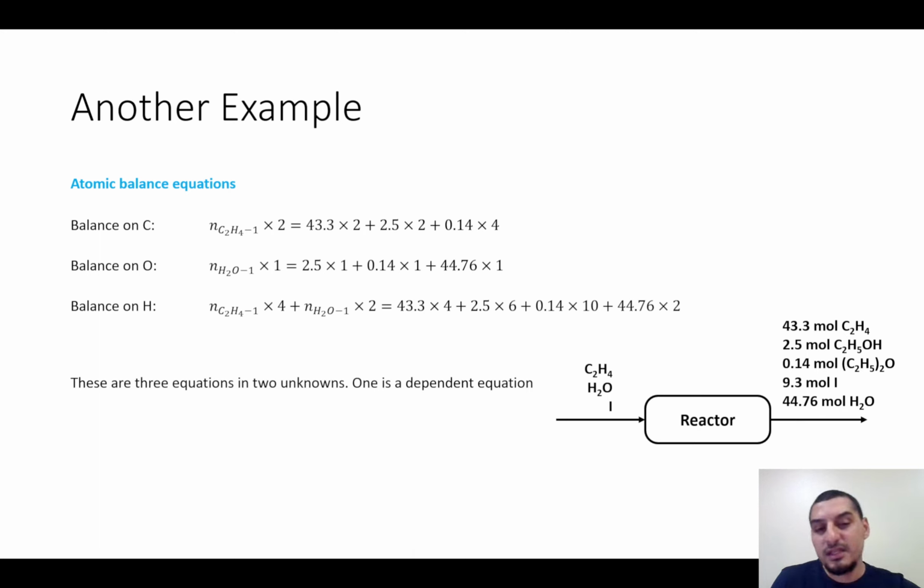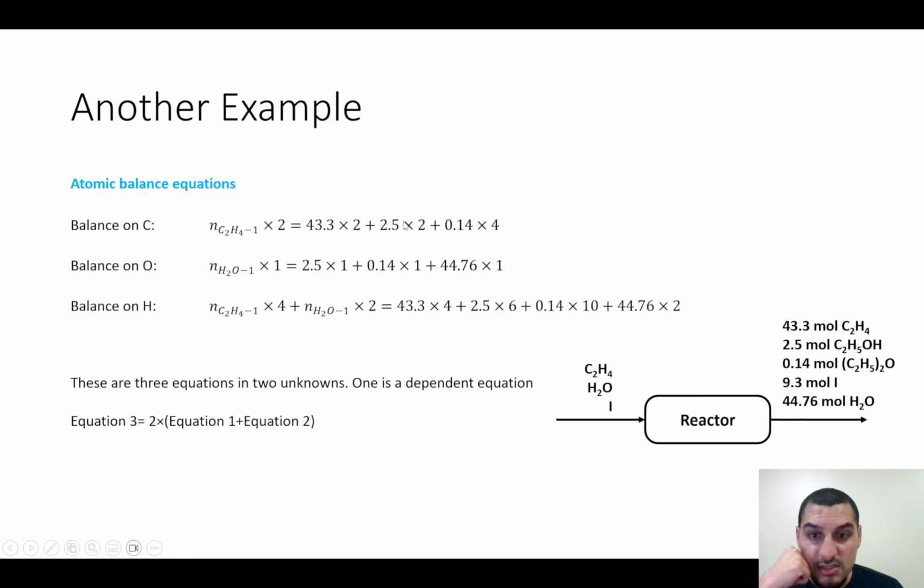And if you look at the equations closely, you will find that if you multiply equation 1 by 2 and equation 2 by 2 and add them together, you're going to get this equation. So let's see. 2 times the C2H4 in stream 1 is this. This times 2 is this. 43.3 times 2 is this. 2.5, it's already there and there, so it's 2.5 times 5.